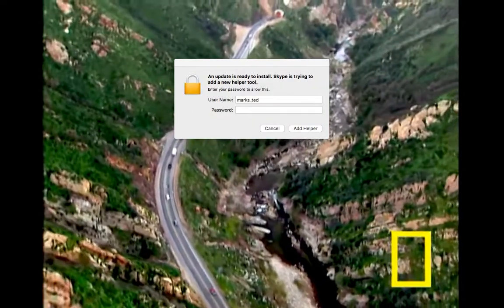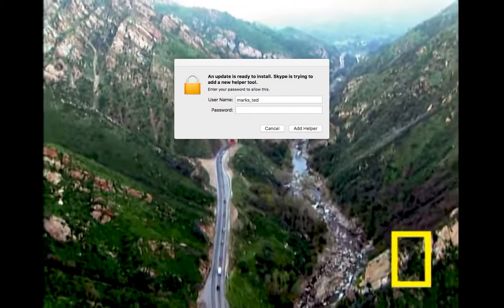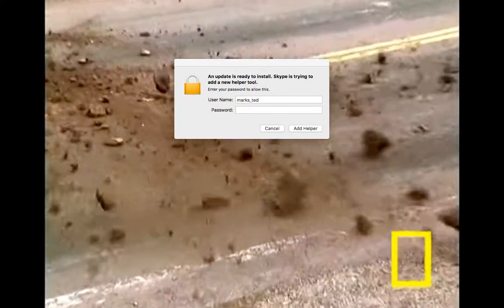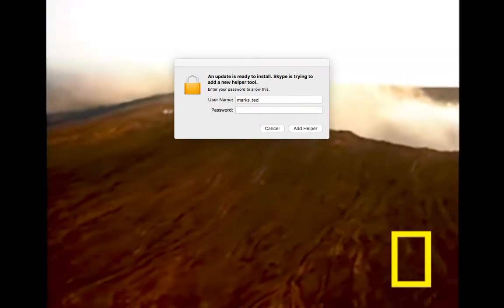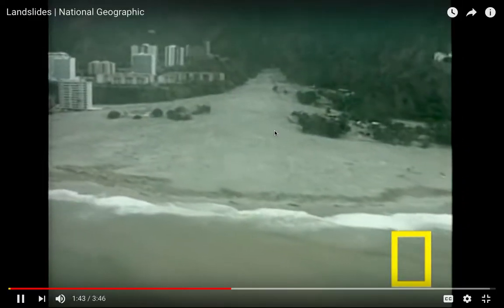In the U.S., landslides occur in all 50 states, but some places are more dangerous than others. Landslides usually follow other natural disasters like volcanic eruptions, earthquakes, wildfires, storms, and floods.